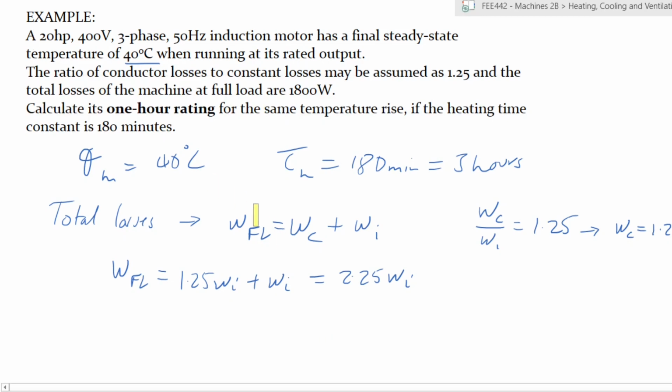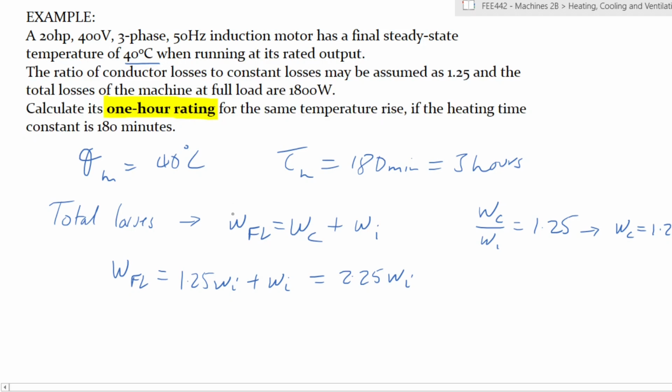Now, here we introduce the concept of 1 hour rating. So the 1 hour rating is a rating whereby you run the machine at a higher maximum load for a short period of time, and you ensure that it does not exceed the maximum temperature within that period of 1 hour.